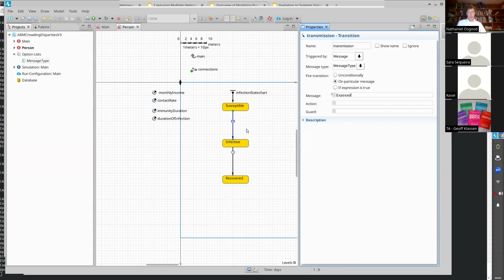I'll make this transition. And this could let me have another state chart for vaccination, or, you know, some other thing here, another transition, which would be contingent on vaccination to a vaccine state. So I could have like an exposed message takes me this way, a vaccinate message takes me that way. Just think ahead. Okay. So that may be new, but we want to complete the thought. Just about.